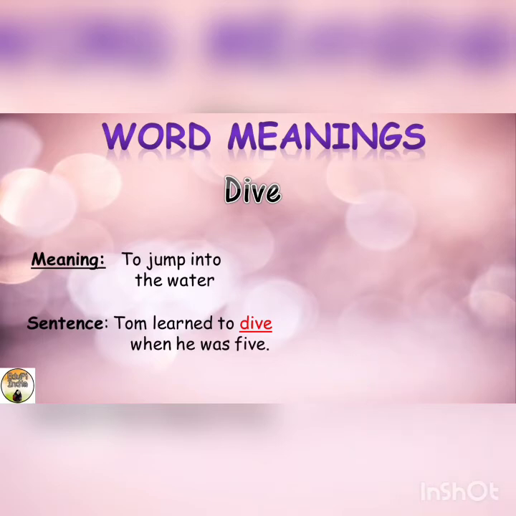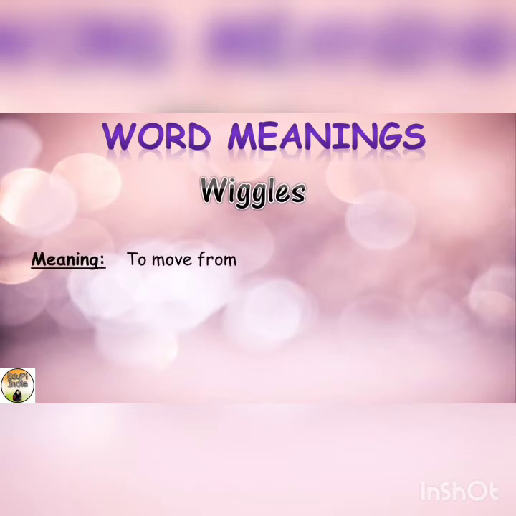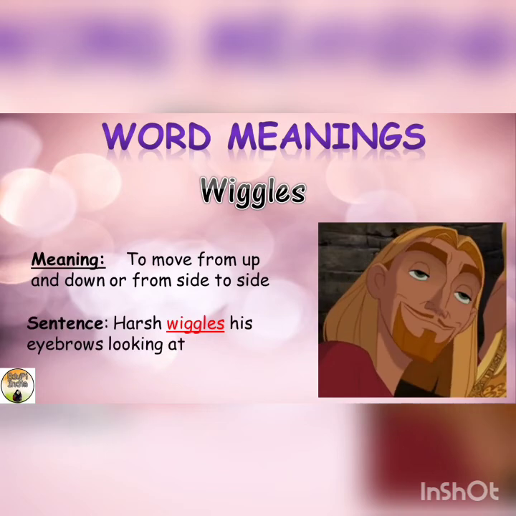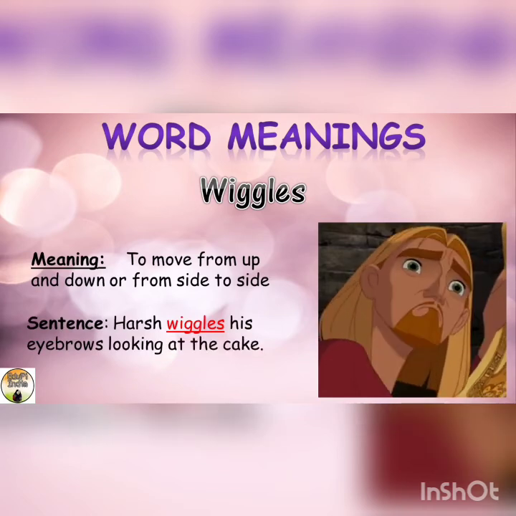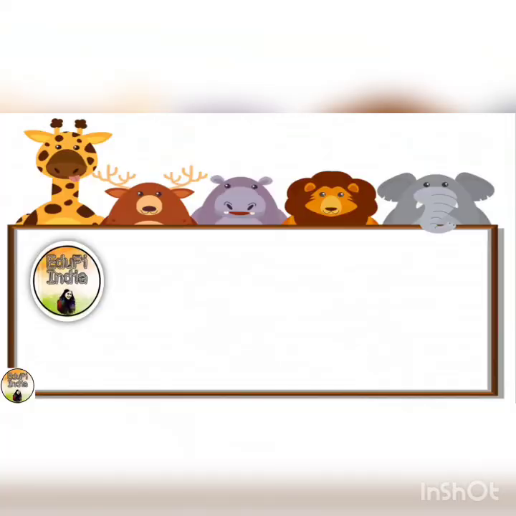So this kind of jumping is called dive. Wiggles. We used it for the insects. To move up and down or side to side. Harsh wiggles his eyebrows looking at the cake.